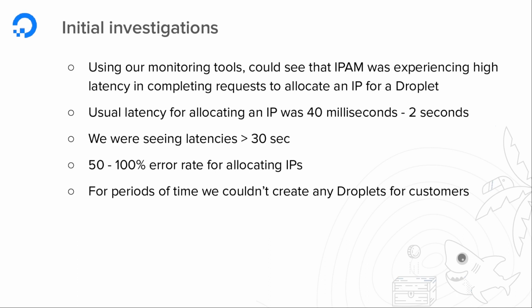So it was taking many, many times more than expected to actually try and complete that request to allocate an IP. And because this was so much longer than our typical behavior, we were actually getting 50 to 100% error rates for allocating IPs. So basically, for periods of time, we couldn't finish creating any droplets for our customers, which is a pretty terrible experience for them.